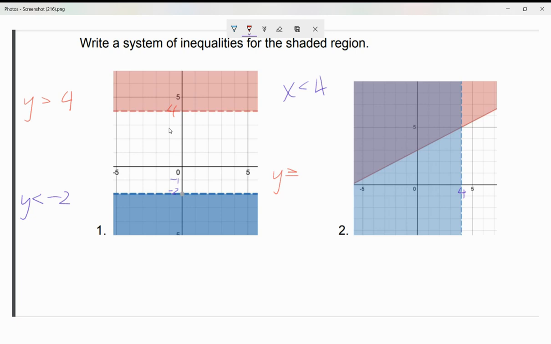The y-intercept is plus 3. The slope goes up 1, across 2, so that means it's 1 over 2x. Not that bad, huh?